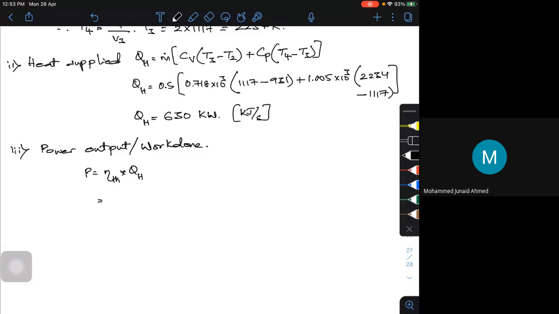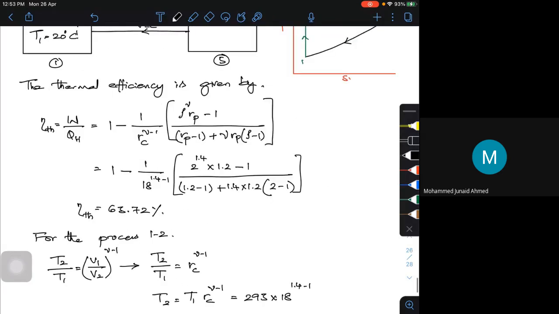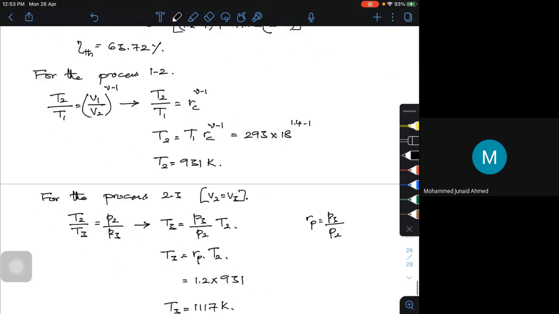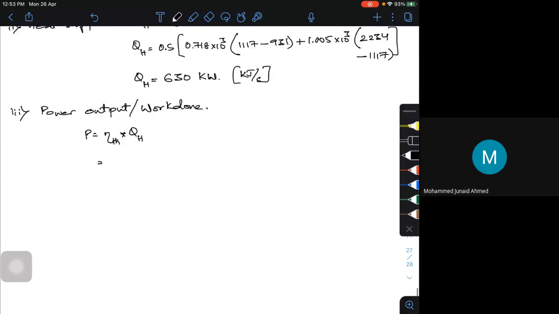We got the thermal efficiency from the formula as 0.6372 or 63.72%. So 0.6372 into 630 kilowatts. If I do that, this will be the work done per second or power output, which is roughly around 401 kilowatts or kilojoules per second.